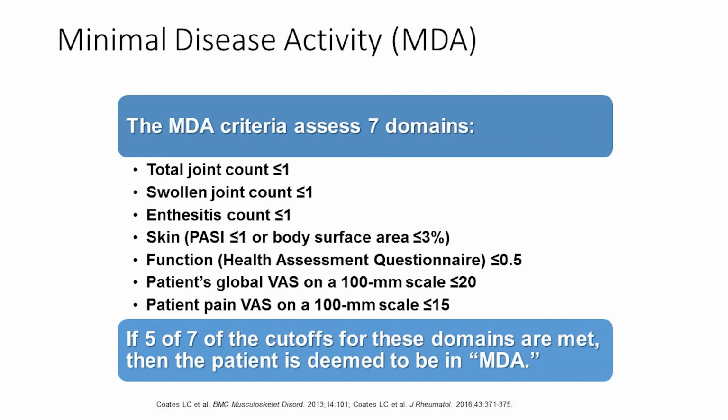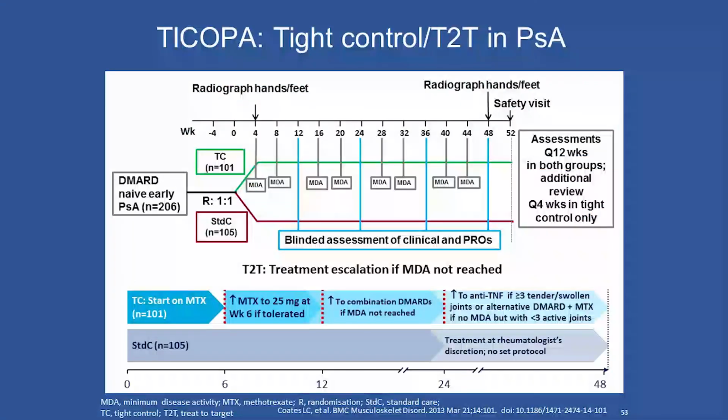We do have a PASI score there, a function score, and then a patient's global as well as a patient pain VAS scale. If you hit 5 of the 7, then we consider this patient to be in minimal disease activity. So as you can see, we have a lot more measures to balance and try to attack with many of these treatment options.